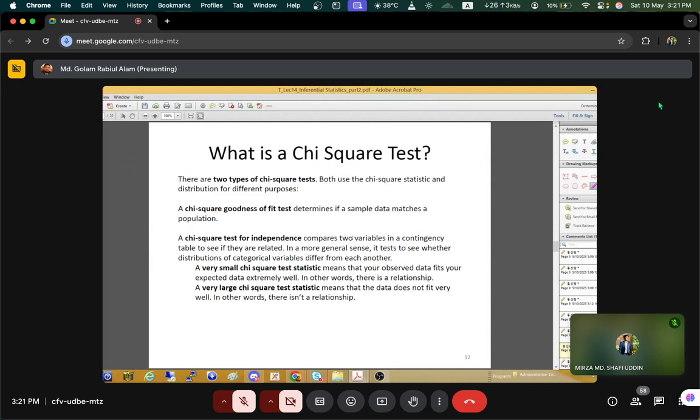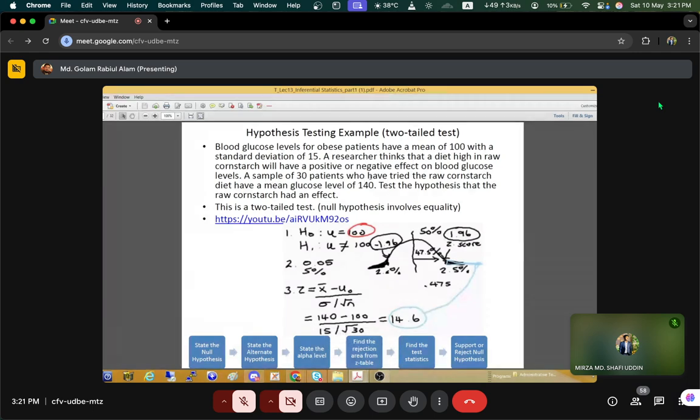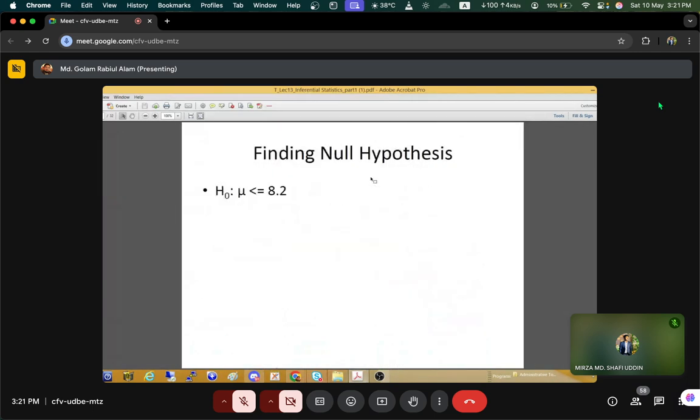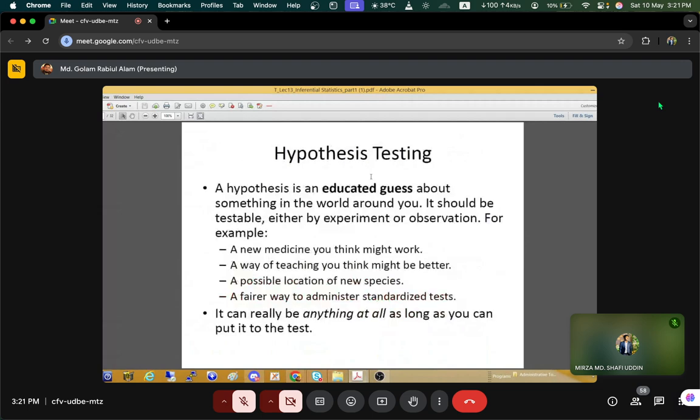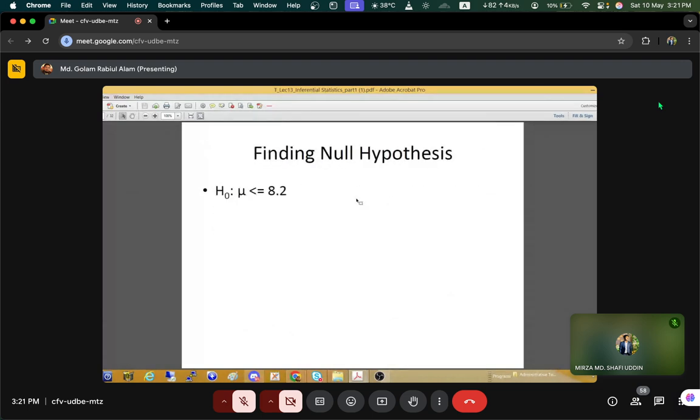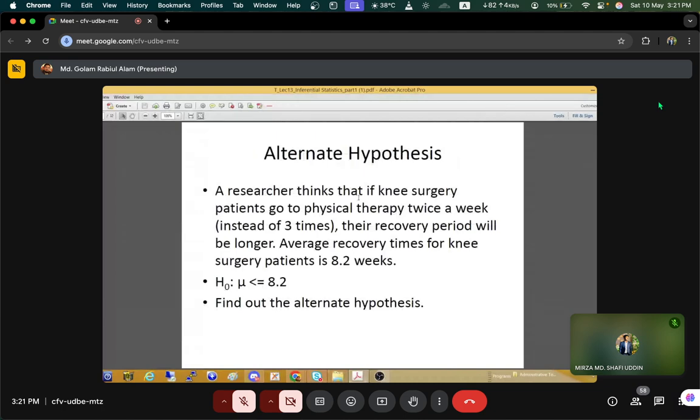Now I want to discuss some parametric and non-parametric tests. At first, the parametric test. In our last class, we discussed this.